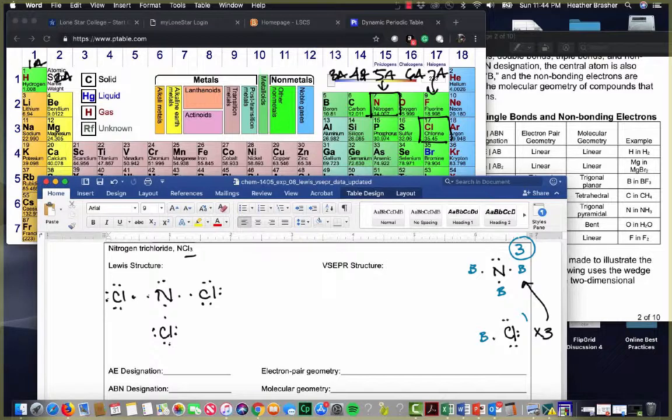You can see at this point that there are electron pairs right here. Now we can write that as a single line to indicate that there's a bond.